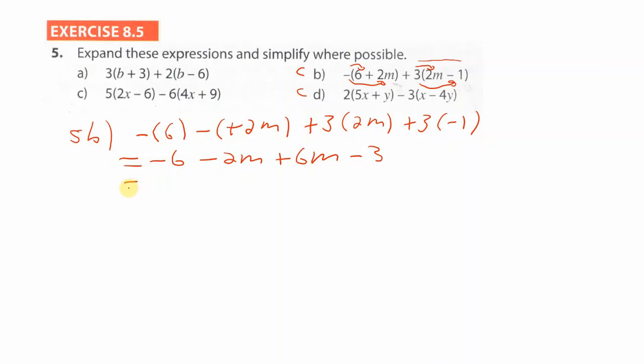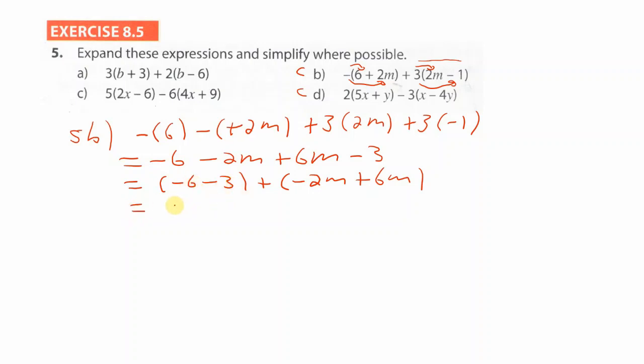And now we have some like terms. Let's group. So we have -6, -3, and then we also have -2m plus 6m. We can simplify inside the brackets because it's like terms.